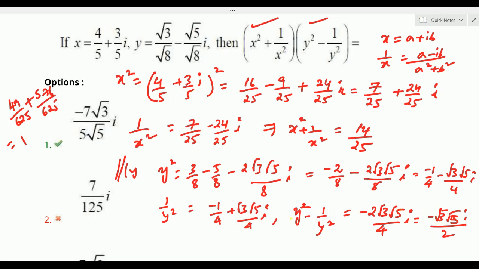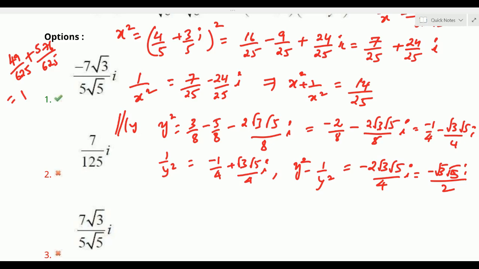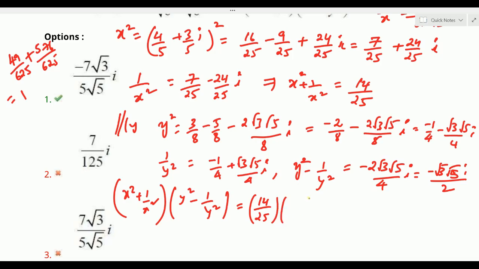What is the result? Finally you have to calculate. Now you want to collect x square plus 1 by x square times y square minus 1 by y square, result అడిగారు అంతేనా? So x square plus 1 by x square we got as 14 by 25, into y square minus 1 by y square, which we got as minus root 3 into root 5 by 2 into i.